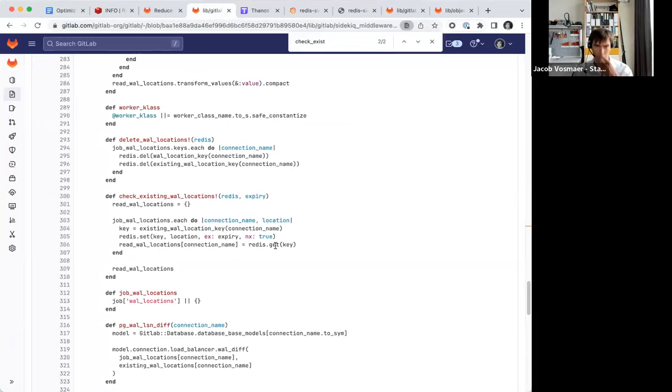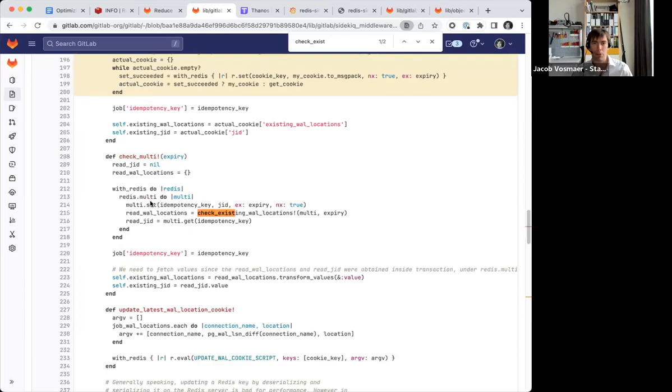That was done for each connection name, and it ranges over the main and CI SQL databases. So this times 2, so 2 sets and 2 gets. Here we do a set, and then 2 more sets and 2 more gets. So this was 3 sets and 3 gets.